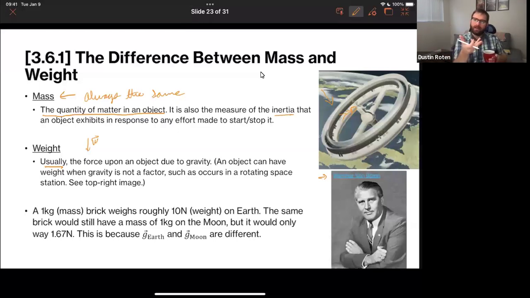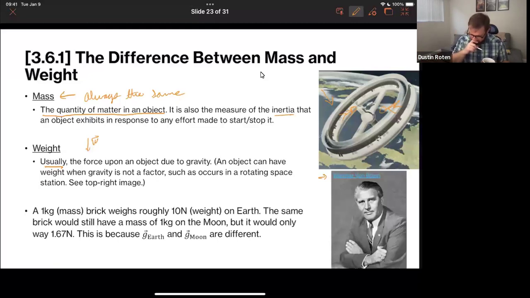If it's spinning, you would feel like you're on a planet, like you're on Earth. You could spin it such that you could make the gravity just like Earth. But the whole idea is that if you spin this, you can still simulate weight. You can simulate that without actually being on the planet.